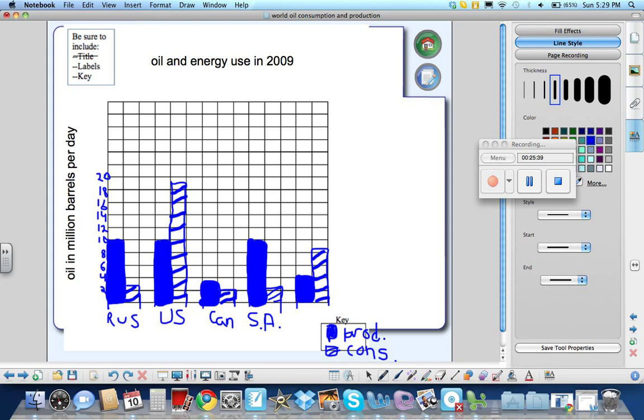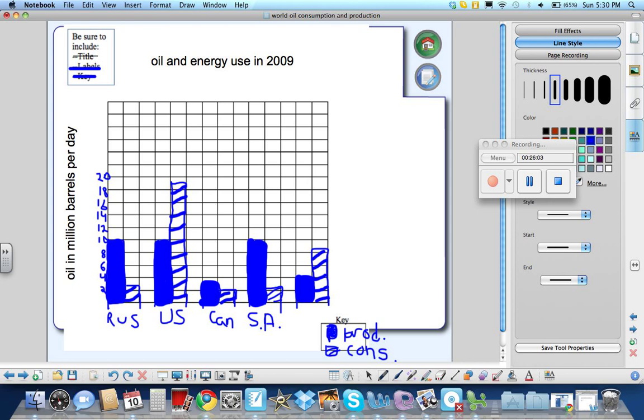You can make something else, again, as long as you follow along with what your key is. And we are done. So we did the labels and we did the key. So we are done with our graph. When your graph looks like mine, you can turn to the next page and we're going to go through the questions. The first question asks, which country consumes the most oil?